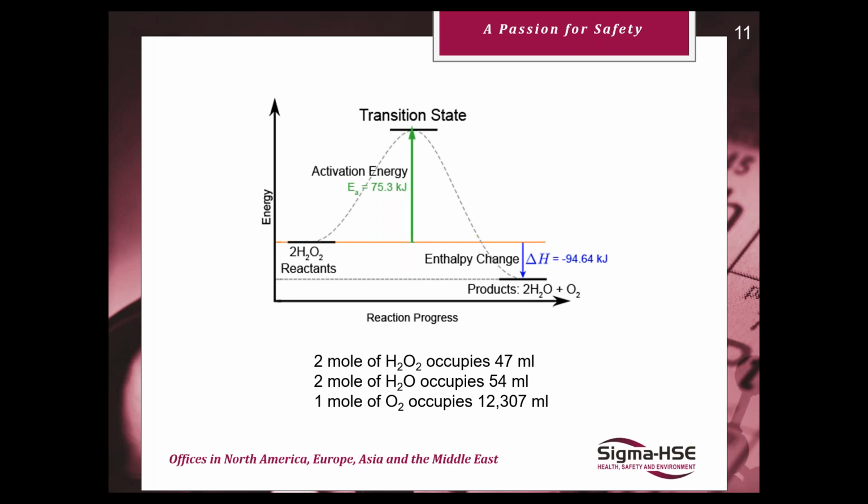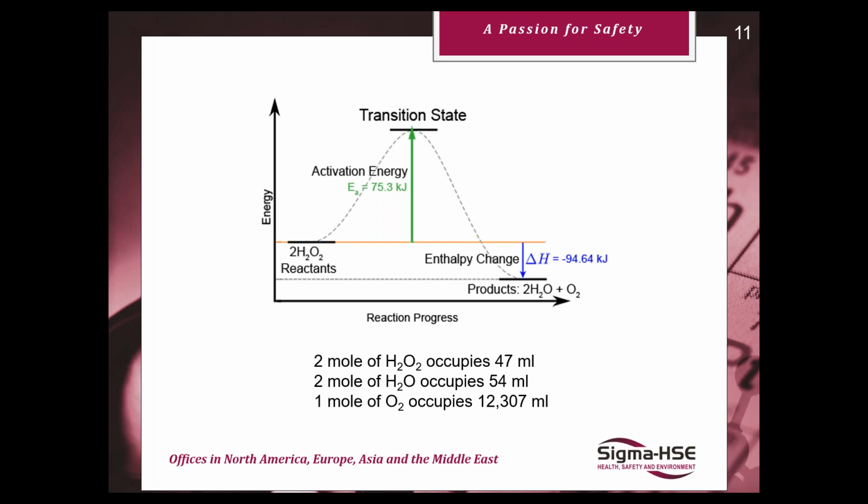Not only this, it is also generating oxygen gas. So we talked about before, it's not only heat output that we need to manage, it is also any pressure generation. So producing a gas in a confined space is going to increase the pressure. Just as a little example, the 2 moles of hydrogen peroxide we have at the start are only going to occupy 47 mL volume.